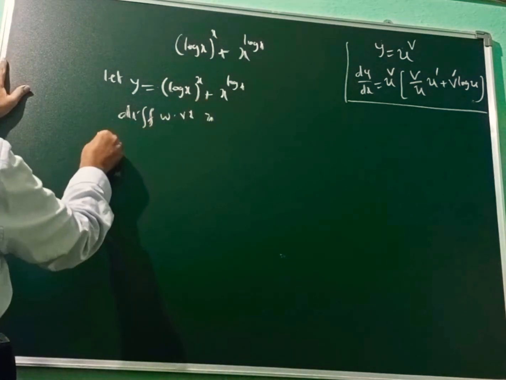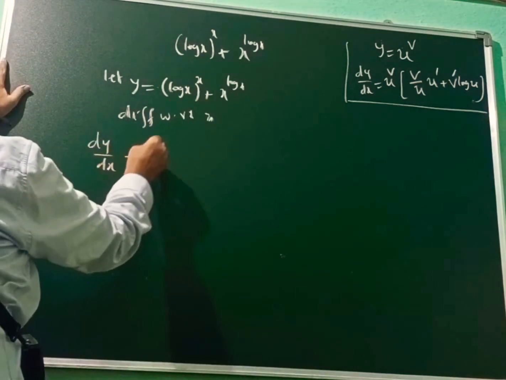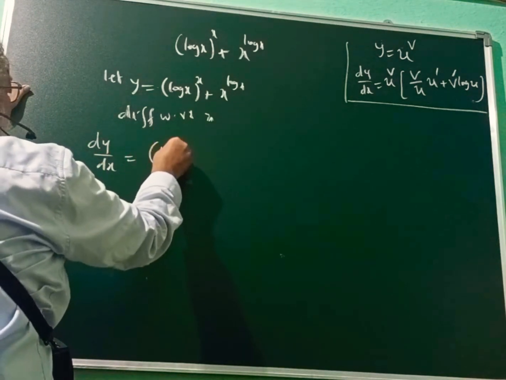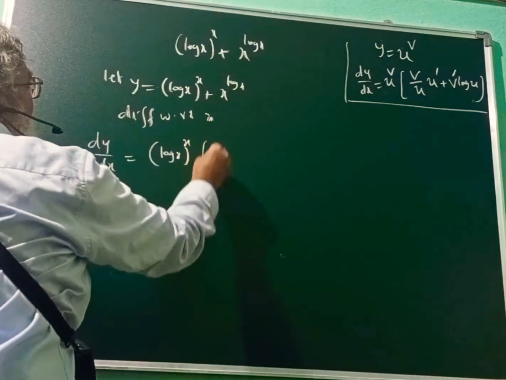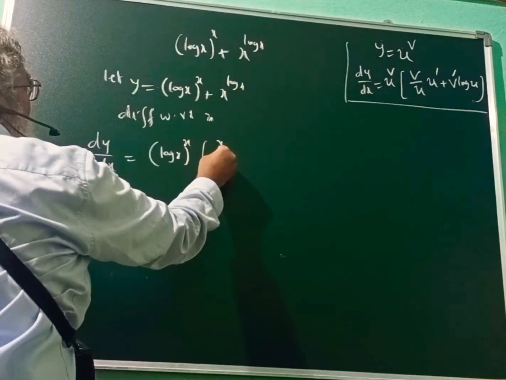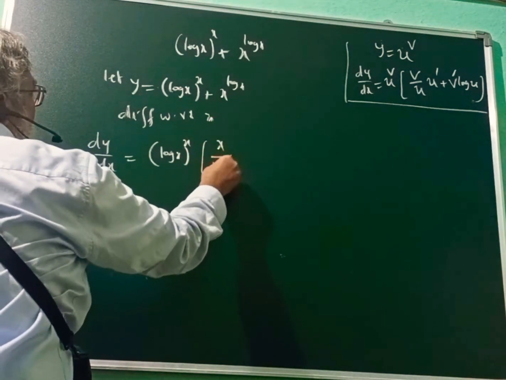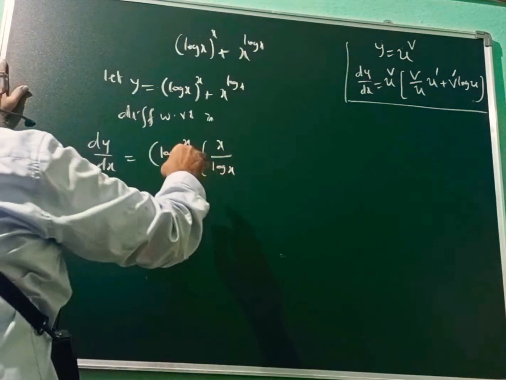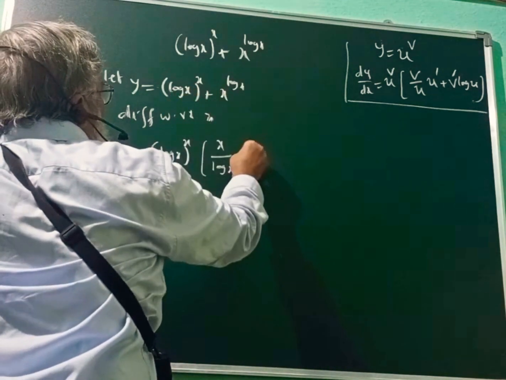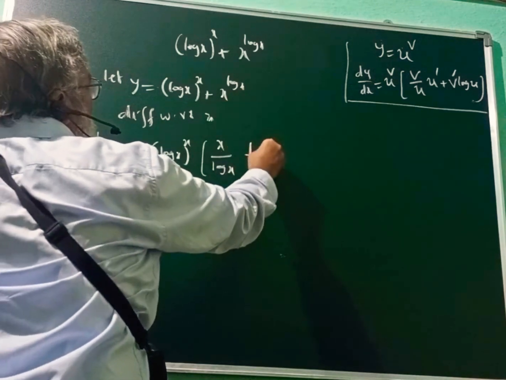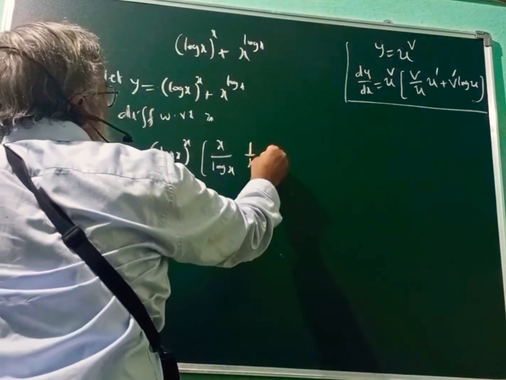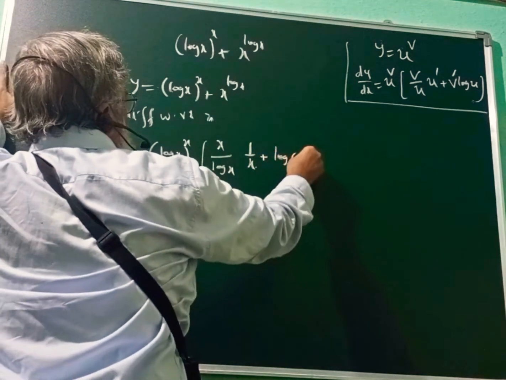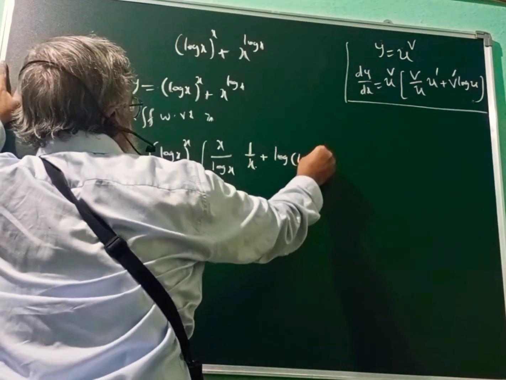Now dy by dx is equal to log x raised to x, apply the formula, into v by u, that is x by log x, into u dash, the differentiation of log x, that is 1 by x, plus v dash, the differentiation of x with respect to x, 1, into log of log x.